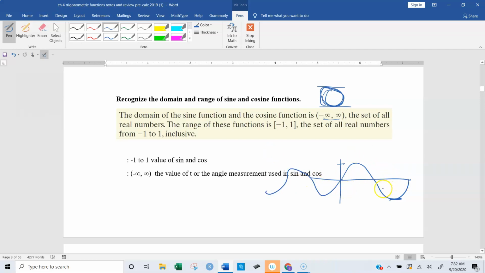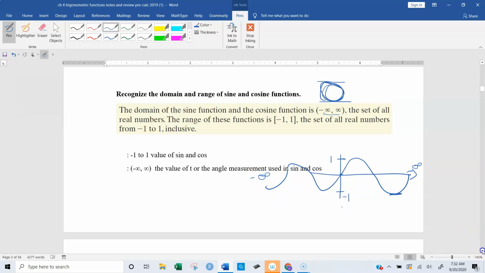That's why it's called a wave. The highest it will ever get is 1, and the lowest is negative 1. It will start here and go up and down, and I can go along as far as I want, to positive infinity or negative infinity. Maybe the picture helped. Here we go.